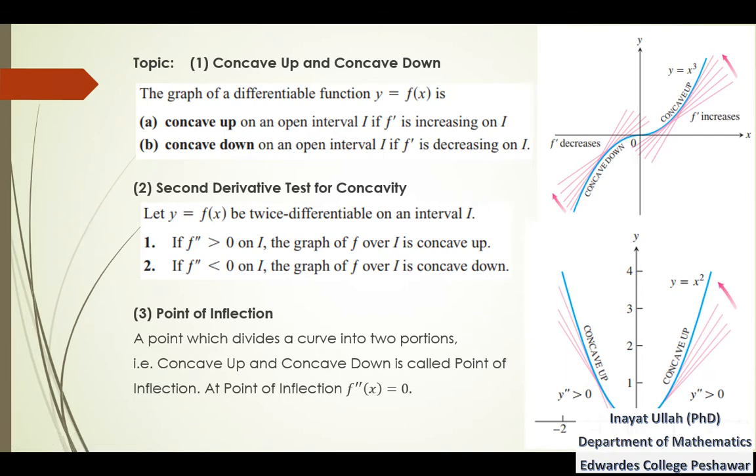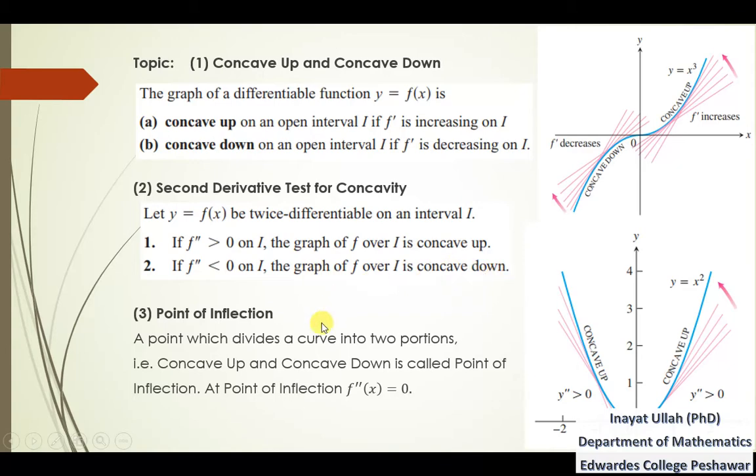So that is the second derivative test to check the concavity of a function, whether it is concave up or concave down. Whenever the second derivative is positive, the function graph is concave up, and whenever the second derivative is negative, the graph of the function is concave down.